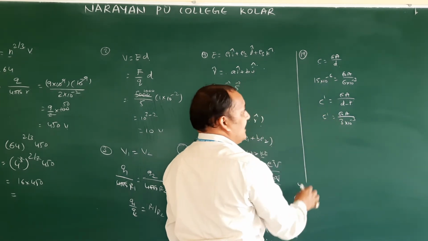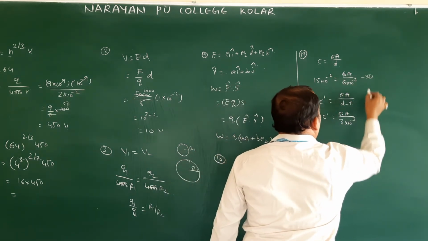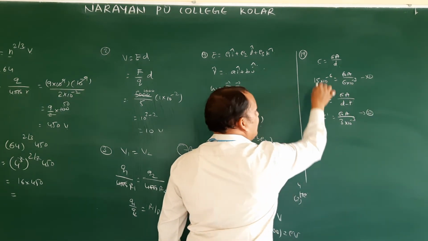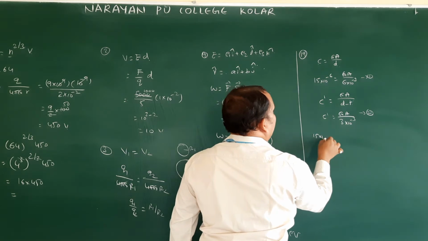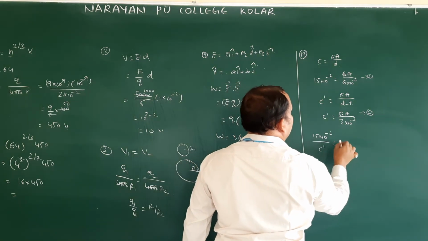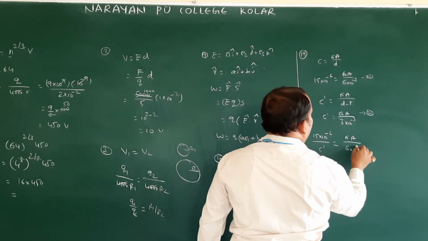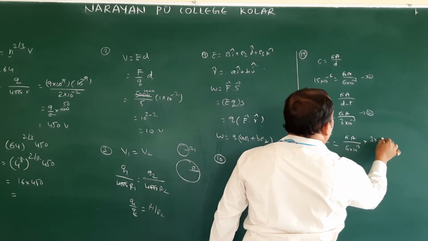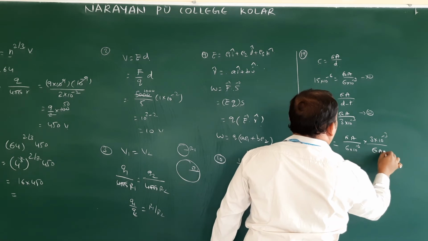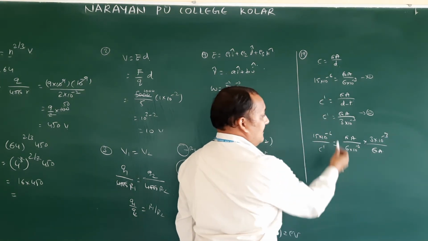They are asking the C dash value. So, equation 1 by equation 2: 15 into 10 power minus 6 by C dash equals epsilon naught A by 6 into 10 power minus 3, into 3 into 10 power minus 3 by epsilon naught A. Let's reverse.